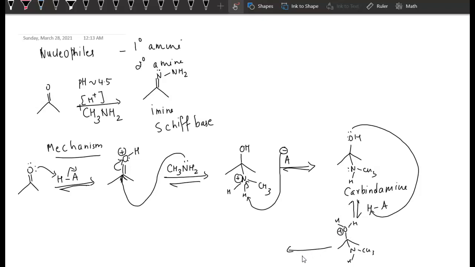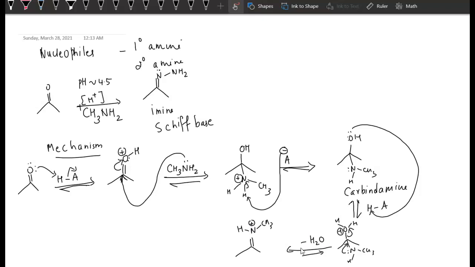Now what's going to happen is very similar to what we saw before in our acetal formation. The water molecule leaves, so we can put minus H2O, but the carbon has to maintain its neutrality. So this nitrogen with its lone pair is going to form a double bond. That's how we end up with a double bond to nitrogen with a CH3 and an H. Now nitrogen has a positive charge here because it has 4 bonds.